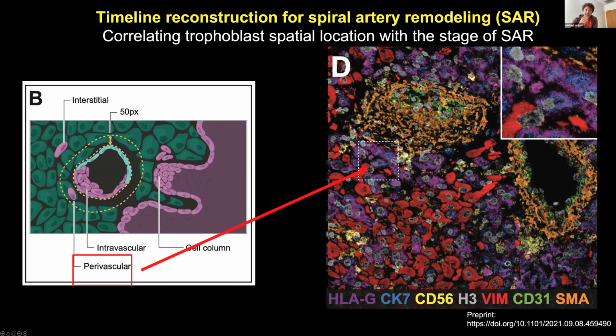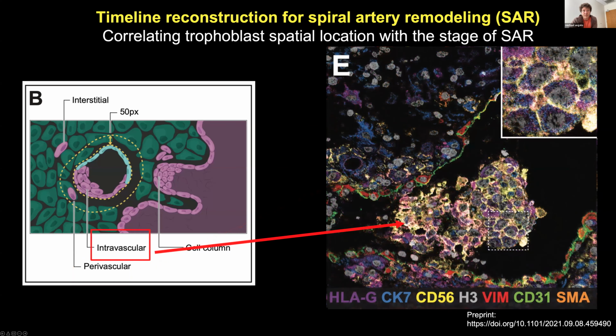And so the idea then is, if we're looking from the tips of the villi to within the decidua to around the artery to lastly, actually within the artery itself, if we quantify all these cells and look at what their phenotypes are, can we piece together a timeline? And does that timeline look like it's more consistent with an intravasation process or an extravasation process?